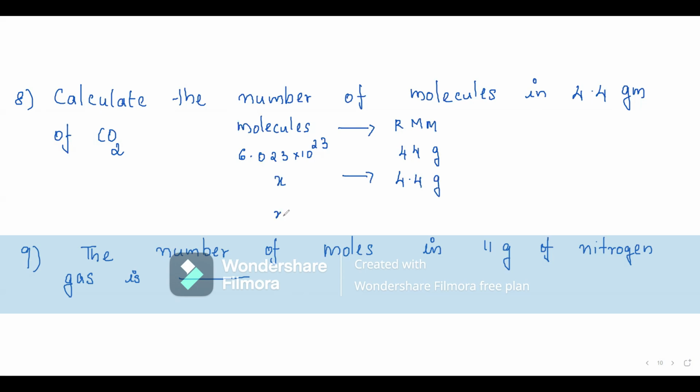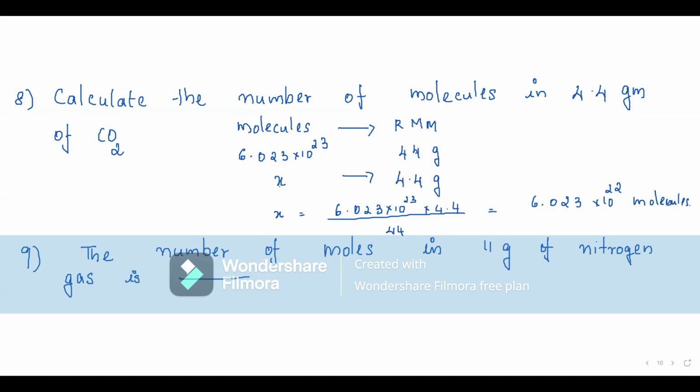So, X will be actually without any calculation, you can write it. This is 44, this is 4.4. So the answer has to be 6.023 10 to the power 22. If you multiply, it is 6.023 10 to the power 23 into 4.4 divided by 44, which is 6.023 10 to the power 22 molecules.